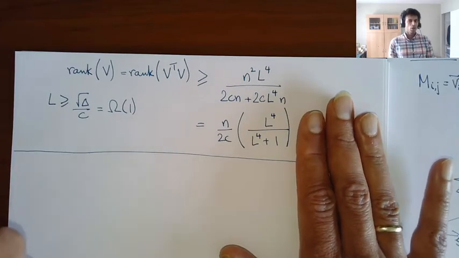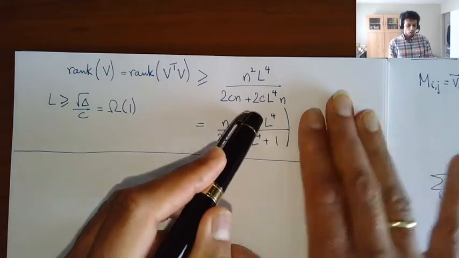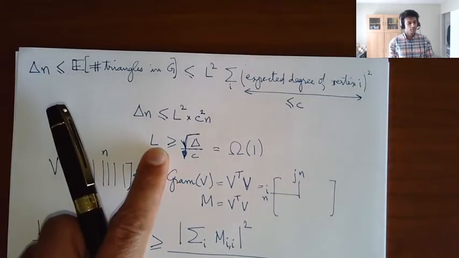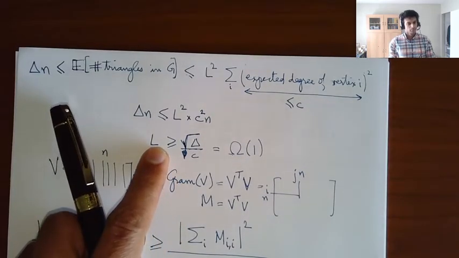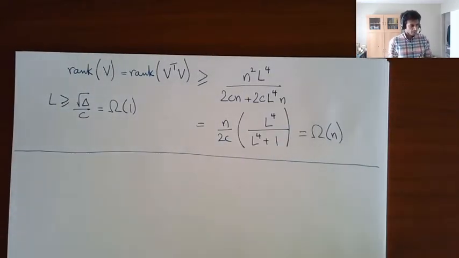If you have no bound on L, then you won't get any lower bound. And to get a lower bound on L, you need the triangles. So the triangles give you this lower bound. Right, yeah, I got it. Any other questions?